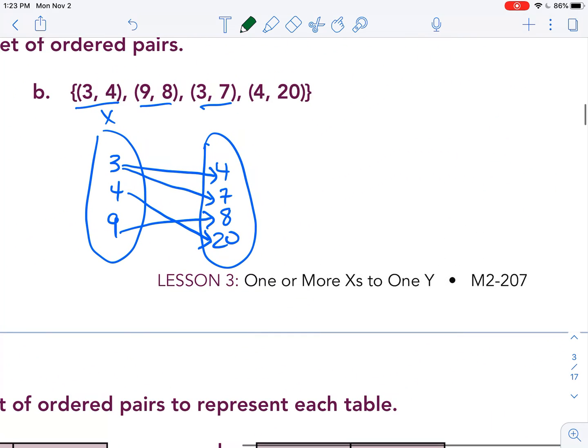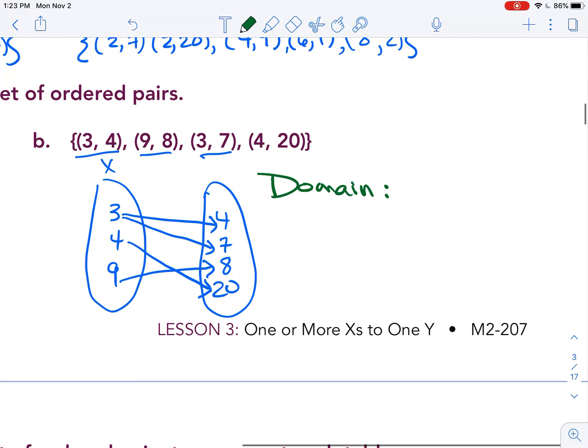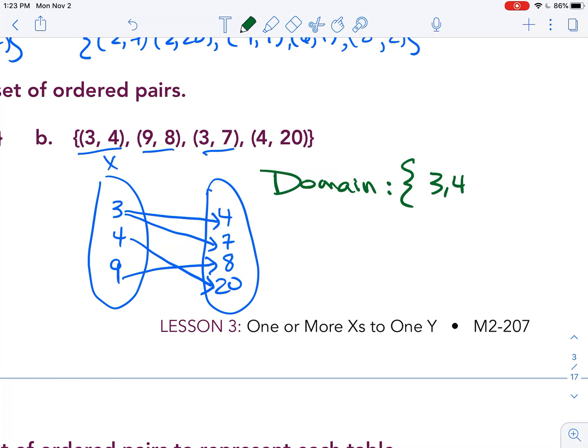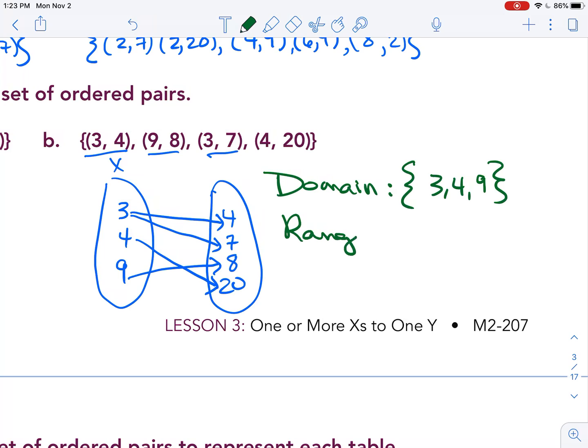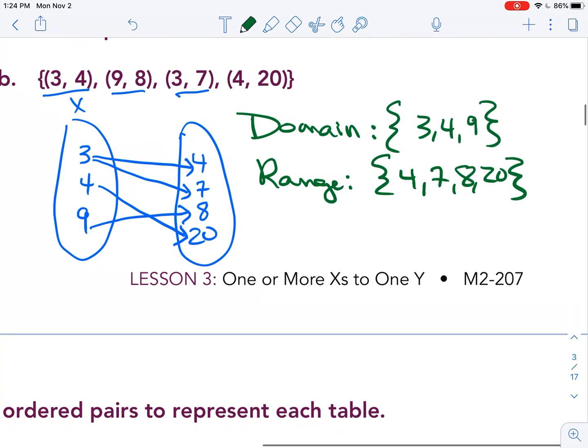Now over here for this one, the domain. Oops, sorry. We're talking about the X values, so 3, 4, and 9. We're talking about the range values, so 4, 7, 8, and 20. Now I look and see if this is a function. I notice that 3 goes to 2 different things. Because 3 goes to 2 different things, that means it is not a function.